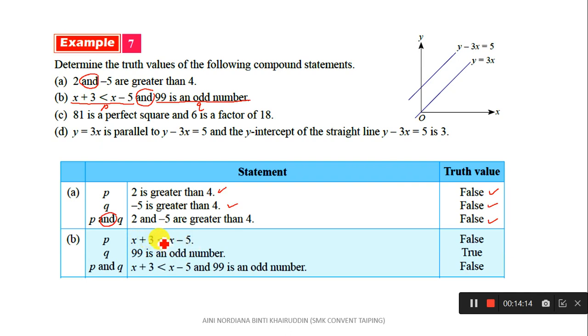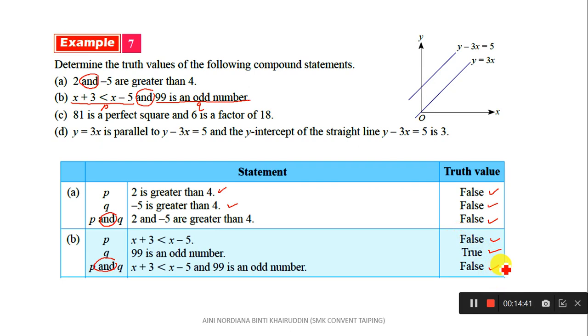So this is a false statement. 99 is an odd number is a true statement. When we use the word "and" here, remember just now I said when you use the word "and", if either one is false, then it becomes a false statement.